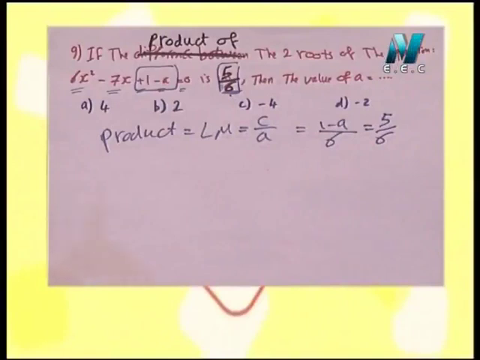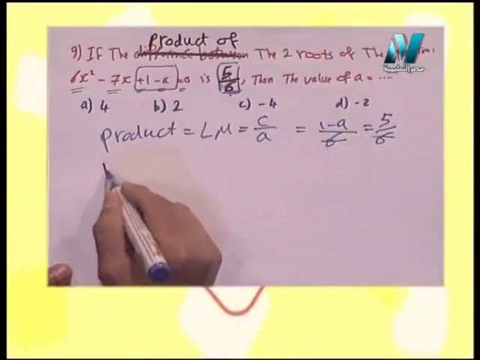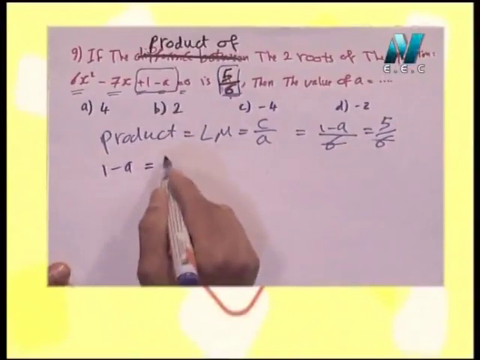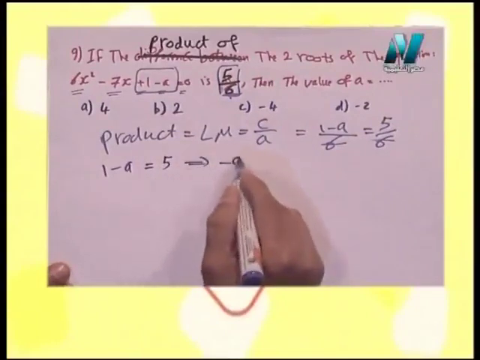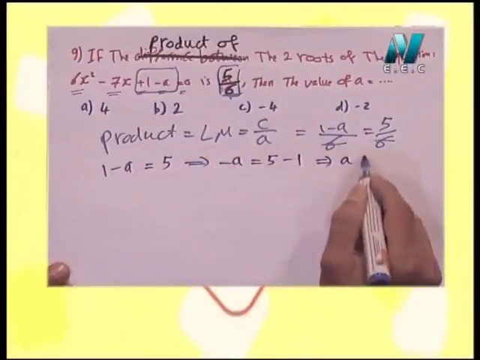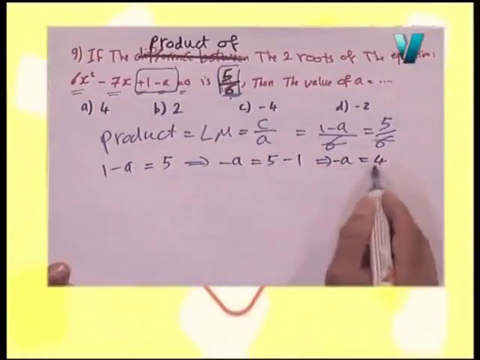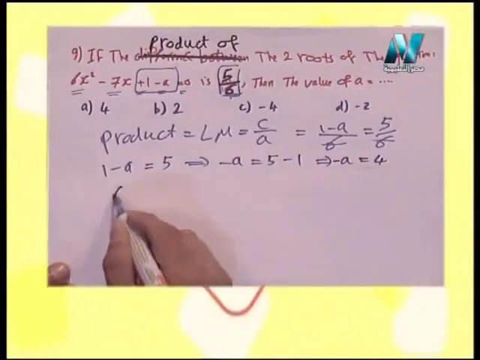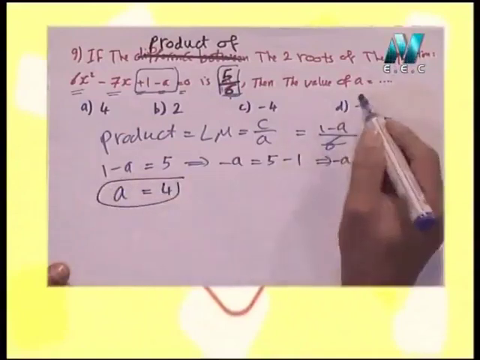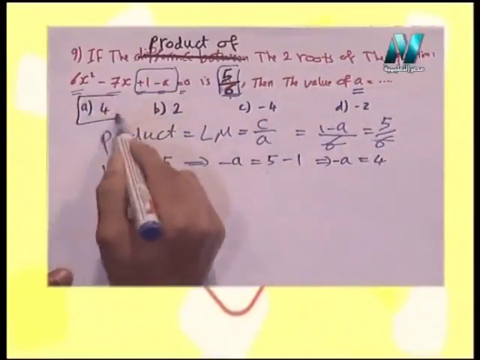Let's cancel 6 with 6 here, and we will have 1 minus A equals 5. So negative A equals 5 minus 1, negative A equals 4, and by converting this sign, we will have A equals 4. And he asked about the value of A.